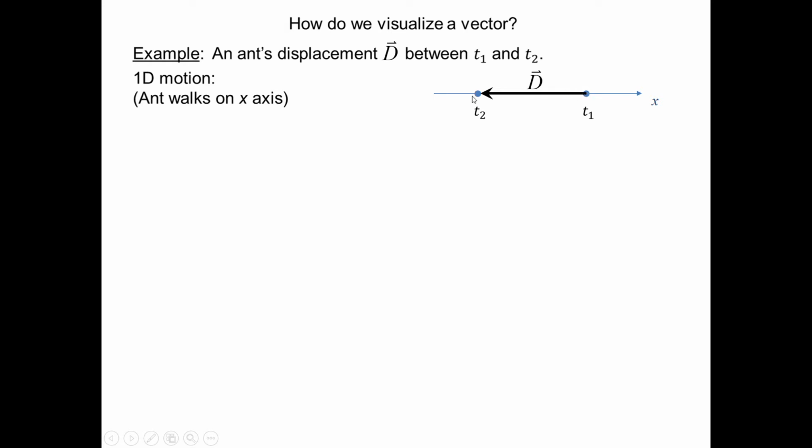In other words, we're representing this displacement vector by saying the ant went from there over to there, from t1 over to t2, those positions on the x-axis.